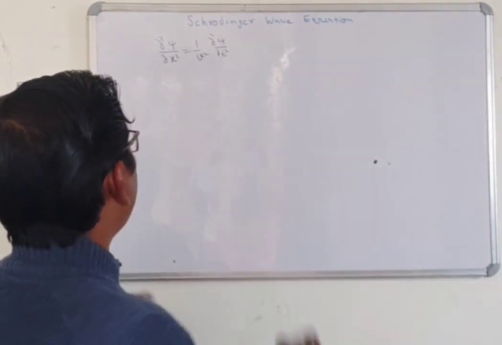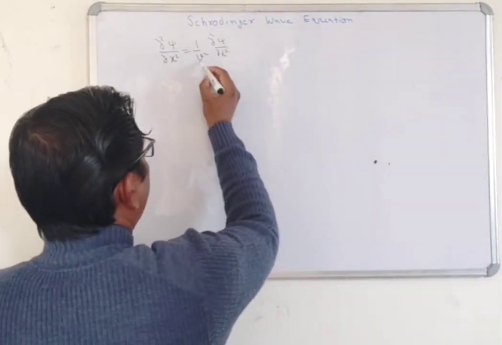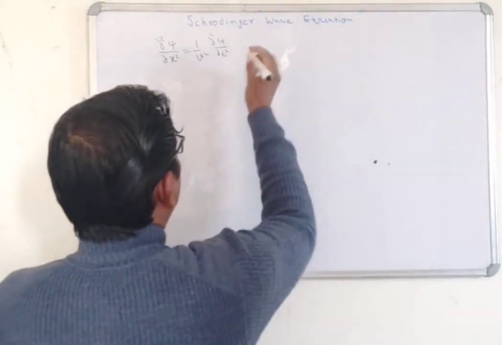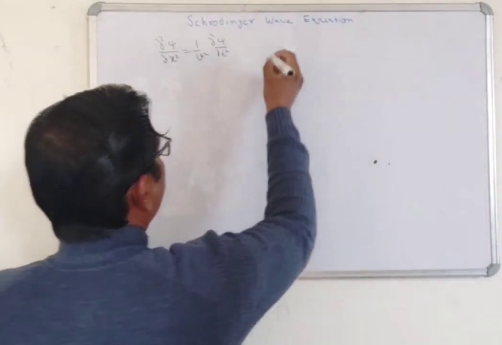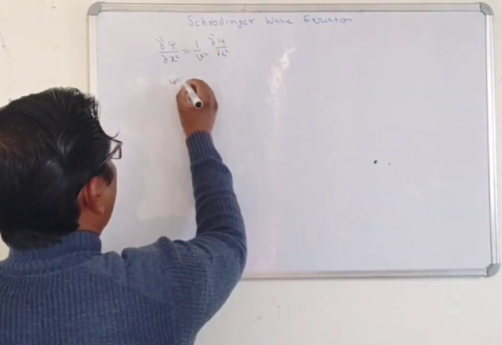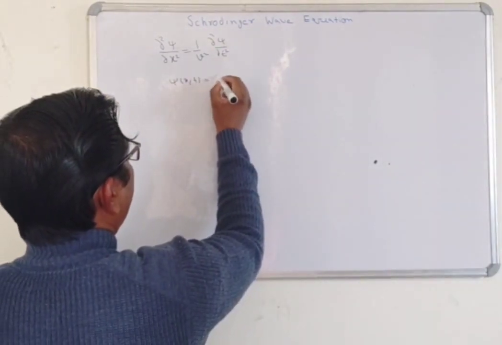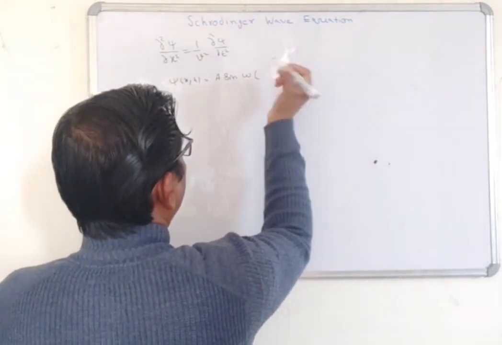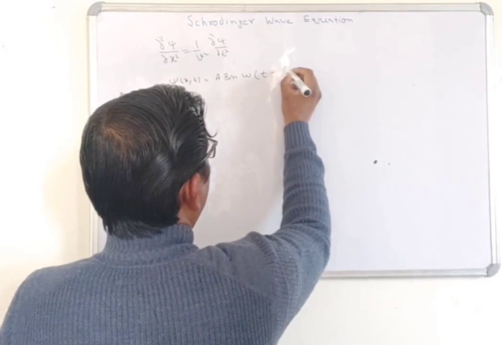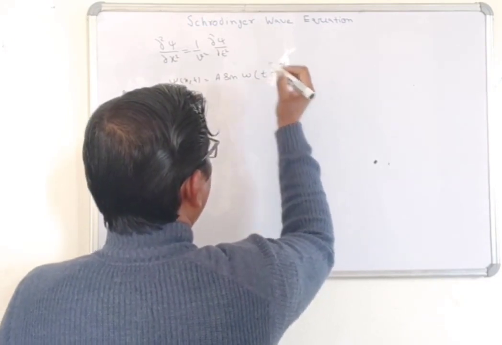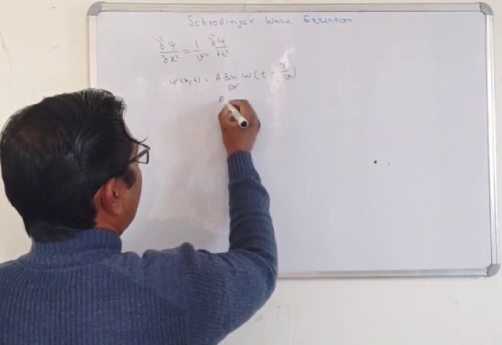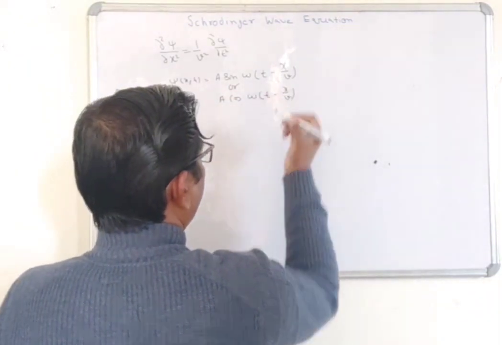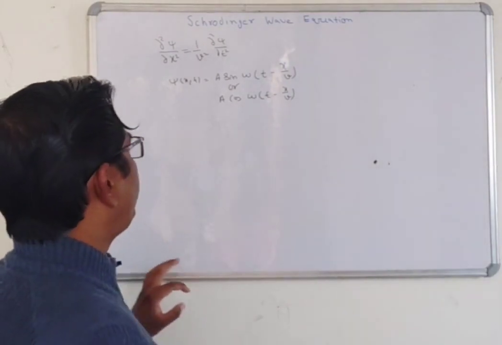Now in this equation, v is the velocity of the wave, and the solution of this equation, psi as a function of x and t, can be written as A sin omega t minus x upon v, or A cos omega t minus x upon v.